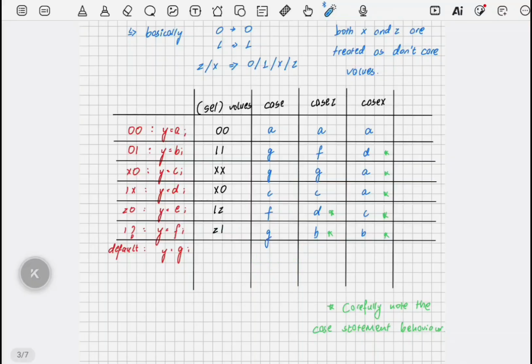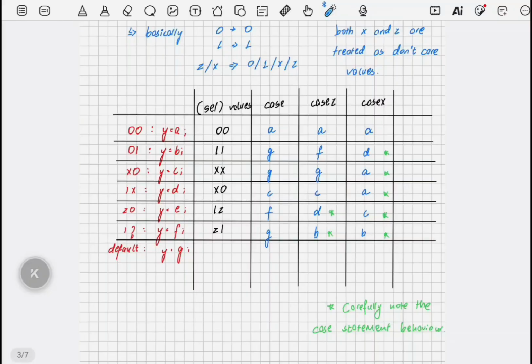Now moving on to the casez statement. What did I say in the casez statement? Try to remember, and then pause the video here and continue. Now, if the case select value is 00, it is straightforward. Same A will be evaluated and you have the output as A. Similarly, 11. Do you have 11 out here? See, X will be treated as X in casez also.